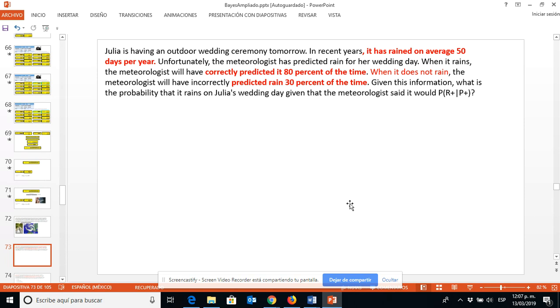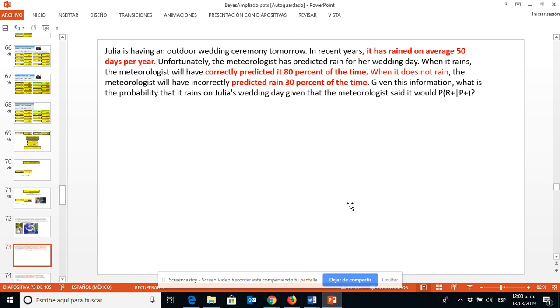We look at the important information of this problem. It has rained on average 50 days per year. When it rains, the meteorologist will have correctly predicted it 80% of the time. When it does not rain, the meteorologist will have incorrectly predicted 30% of the time.